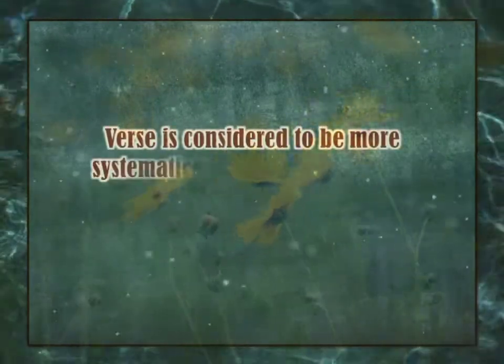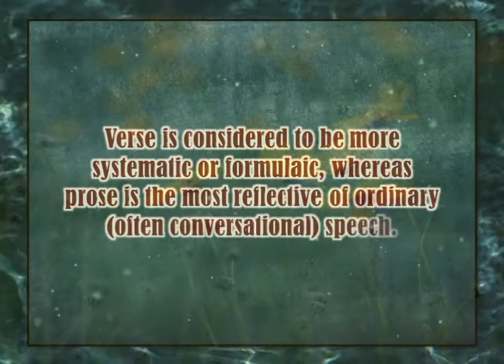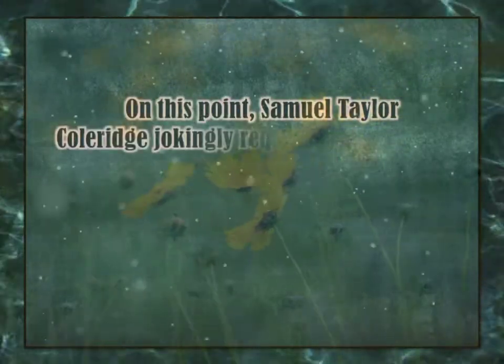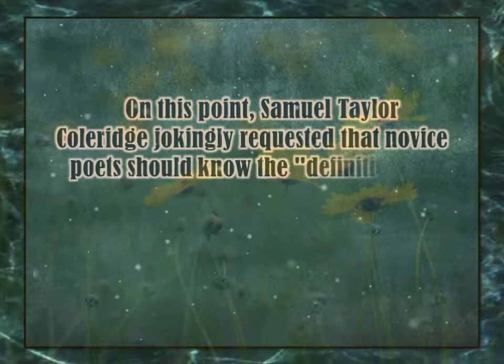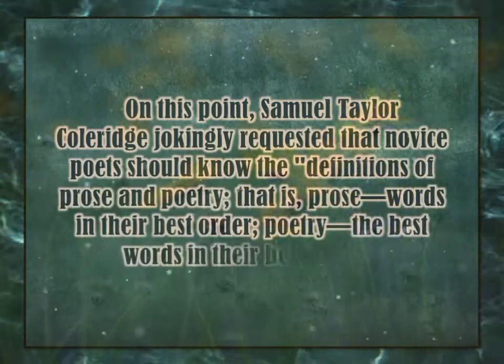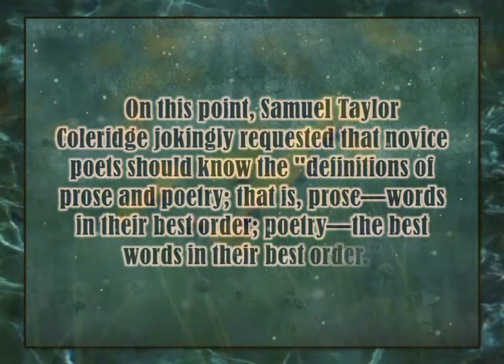Verse is considered to be more systematic or formulaic, whereas prose is the most reflective of ordinary, often conversational, speech. On this point, Samuel Taylor Coleridge jokingly requested that novice poets should know the definitions of prose and poetry. That is, prose, words in their best order; poetry, the best words in their best order.